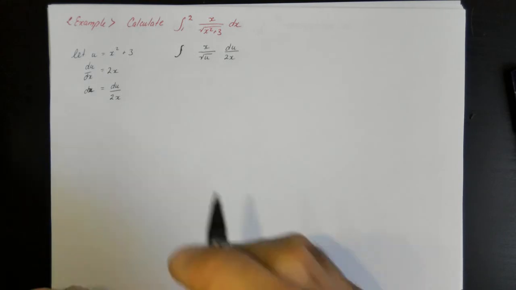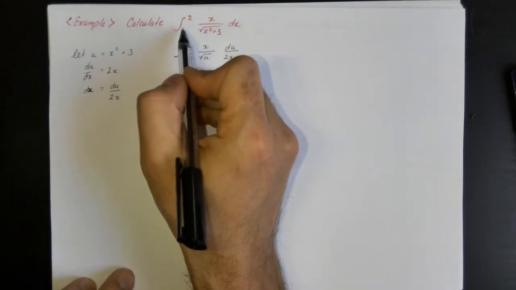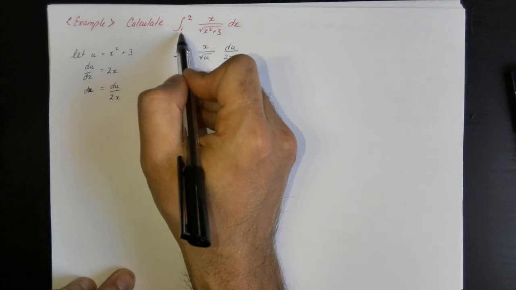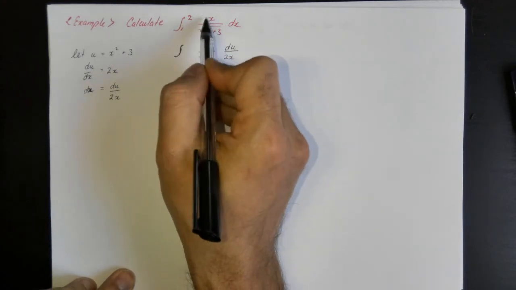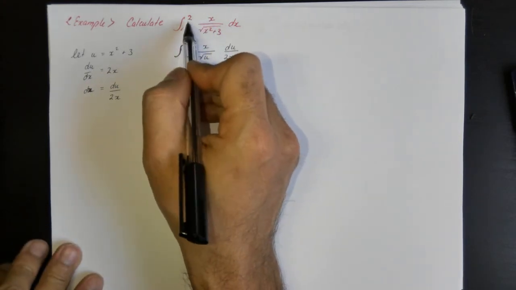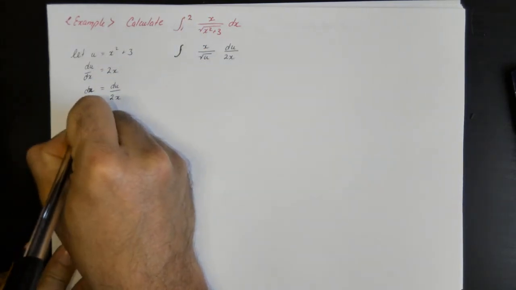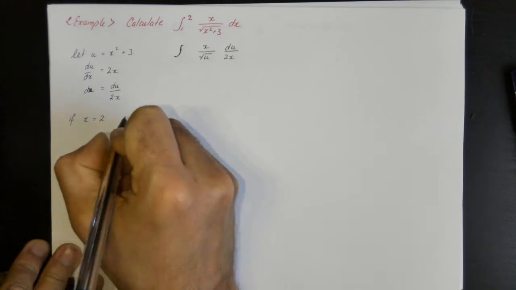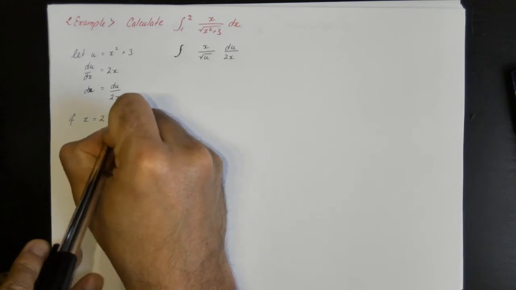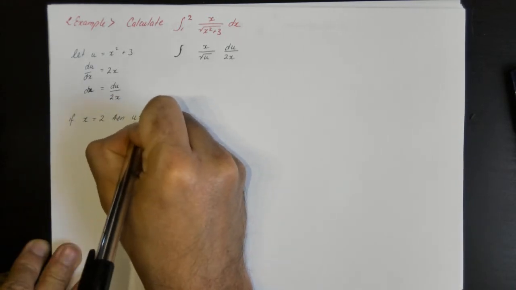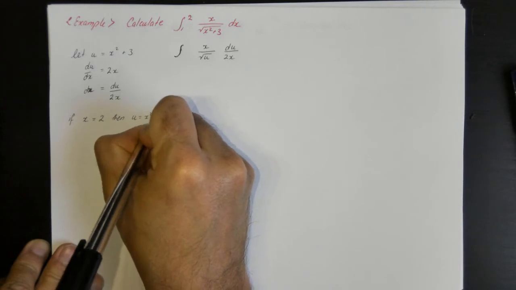Now, this 2 and this 1 are in relation to the x. So what I really need to do is change that. So if x equals 2, then remember u equals x squared plus 3.